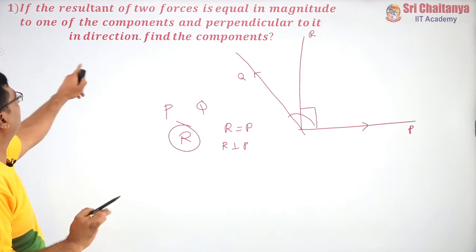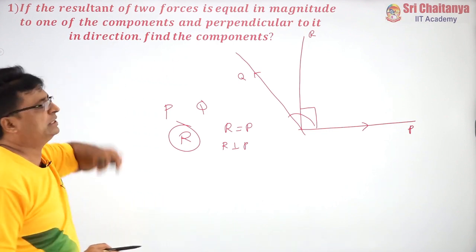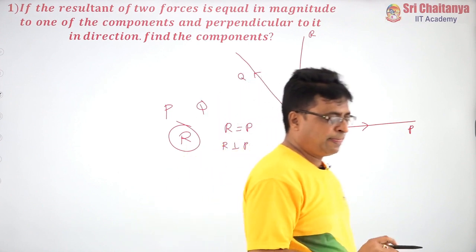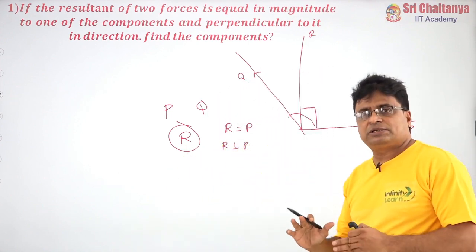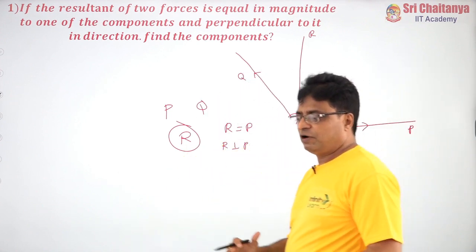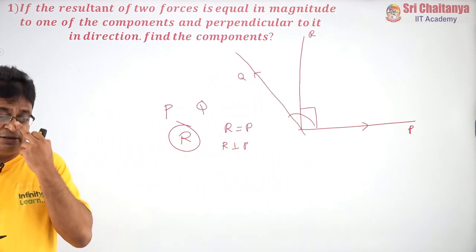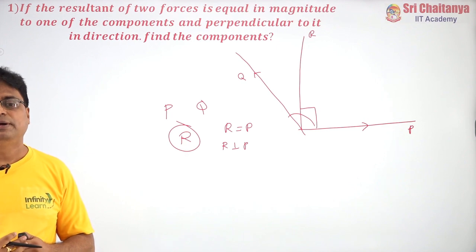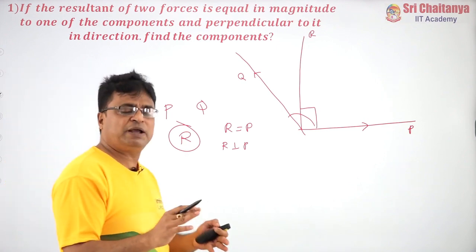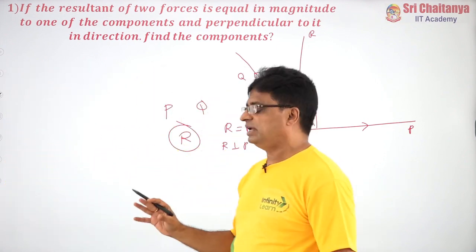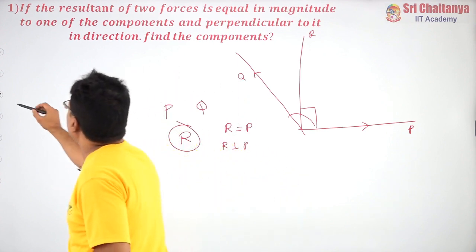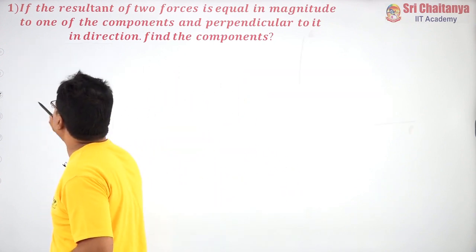Then what do we need to find? We need to find its components. Actually, we can solve the same problem in a simple way if you have knowledge of dot products and cross products. But without the help of those areas, just with elementary knowledge, how to solve it is the most important point.